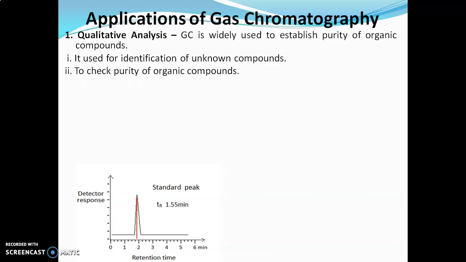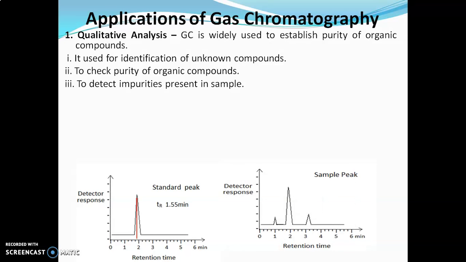Next is to check the purity of an organic compound and to detect the presence of impurities. Now suppose this is the peak of the next sample. In this chromatogram we obtain the retention time. Retention time is 1.55 minutes. The retention time of sample and standard is matching under the identical chromatographic conditions.